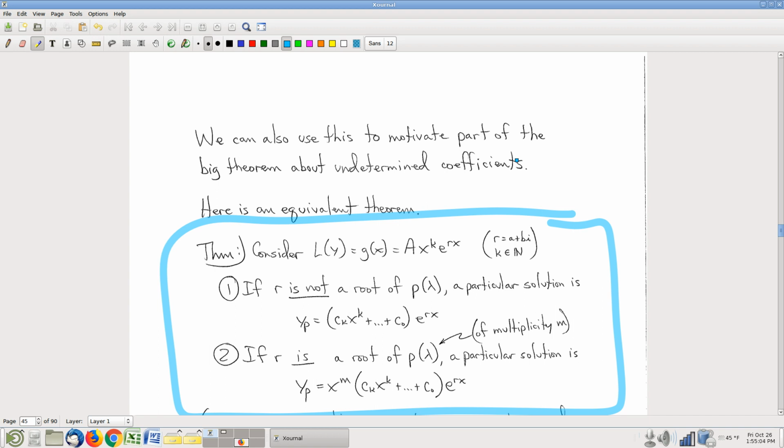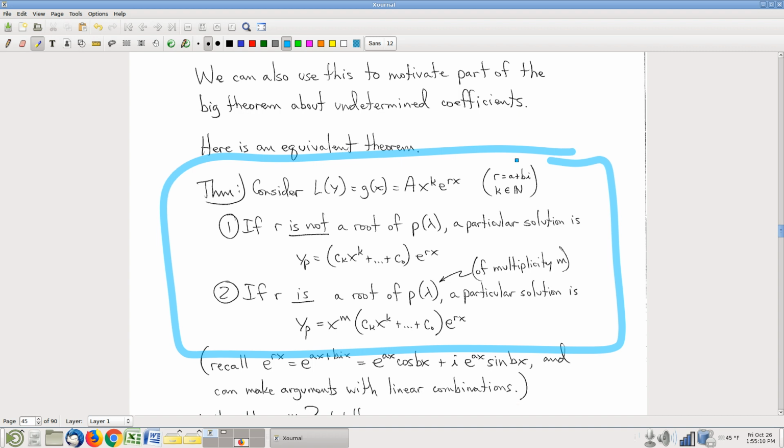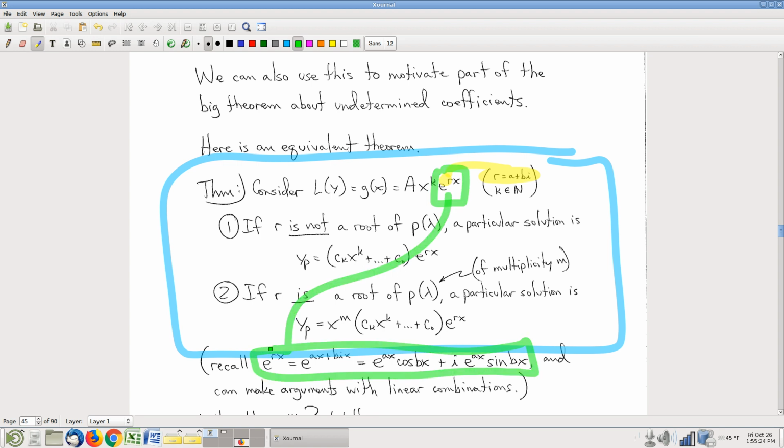Notice here, r is now a complex number. So this r right here, being a complex number, means that this e to the rx actually does have sines and cosines in it. They're just hidden as part of the imaginary exponential that's part of that factor.